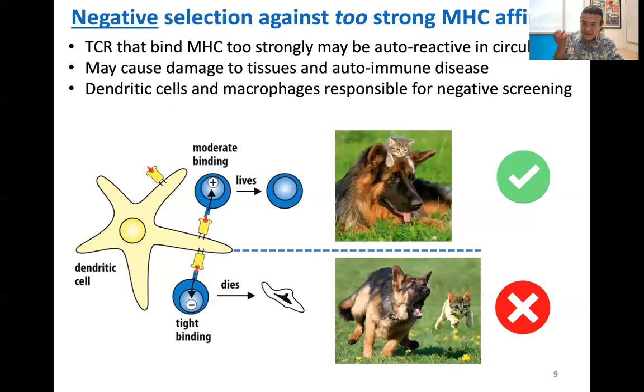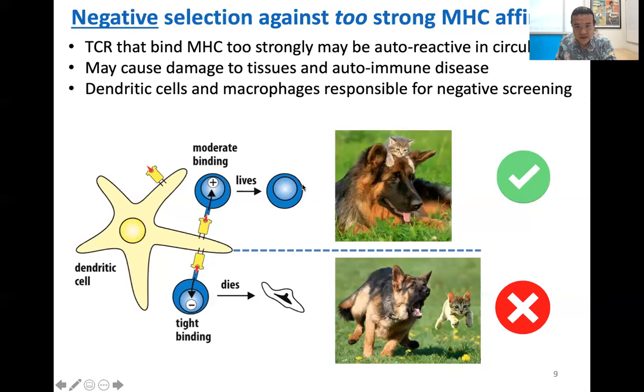So that means that the T cell receptors have to be selected for that bind moderately well, but not too tightly. So here, let's revisit this. This was our happy little binding between the German Shepherd and the kitten here. So you have moderate binding, but not too tight.